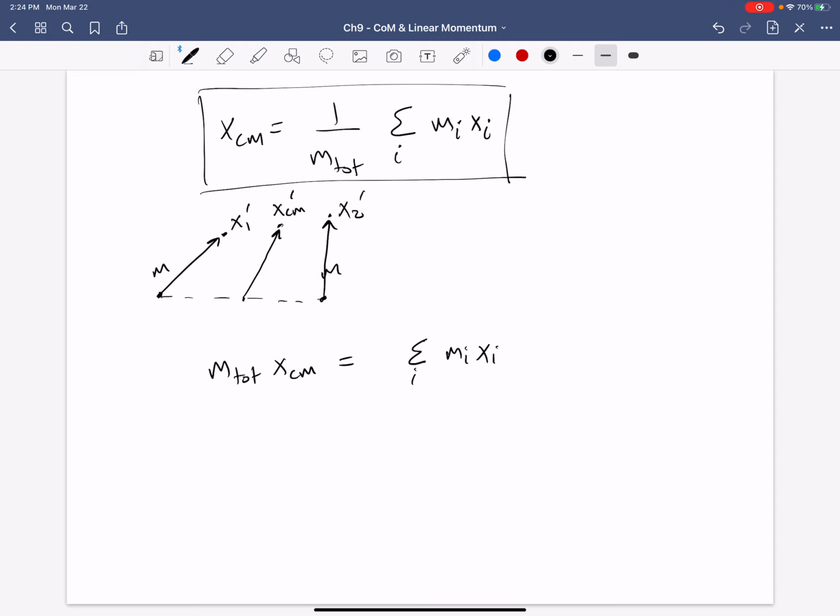I'm just rewriting the equation above. And what we have is if this were to change in time, right? The d/dt of this, well, that means we have total mass times dx/dt. Well, that's the same as speed or the velocity, right? And that's the velocity of the center of mass.